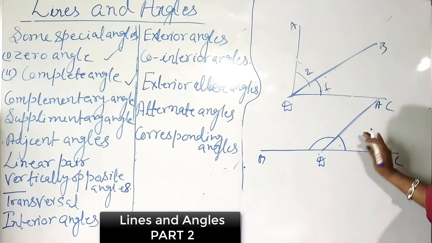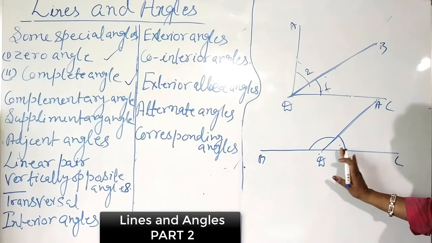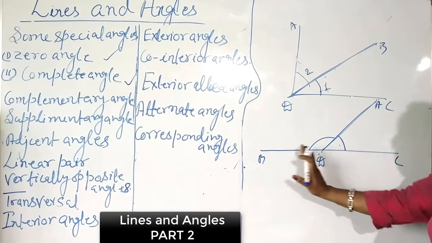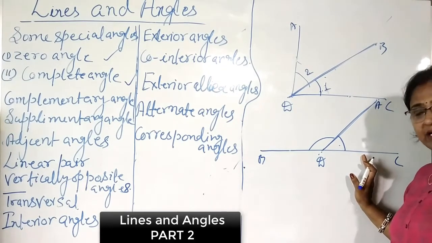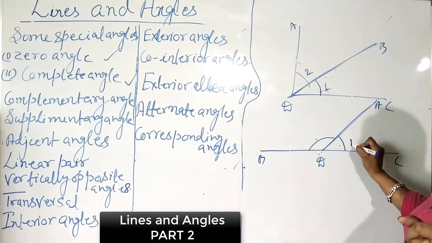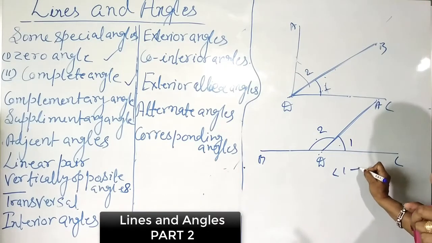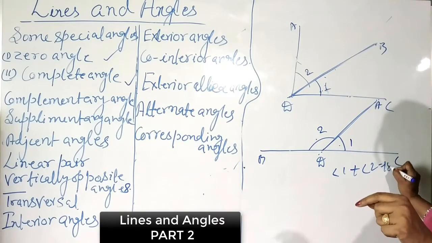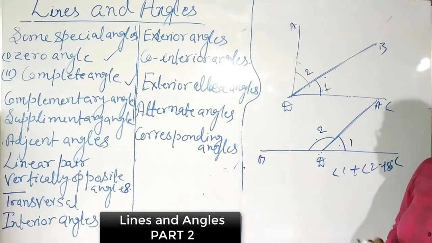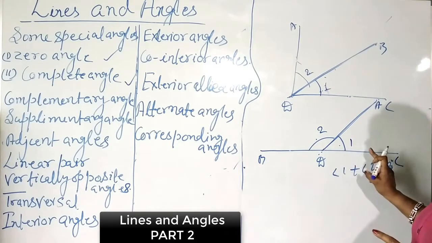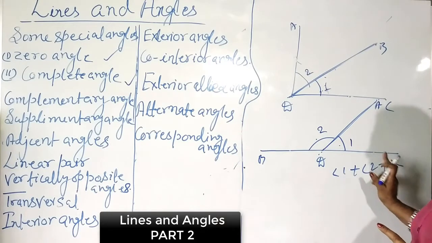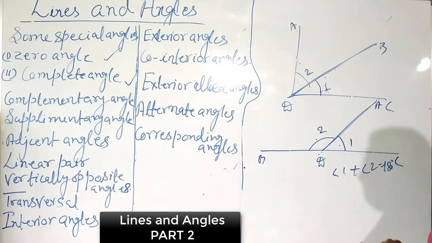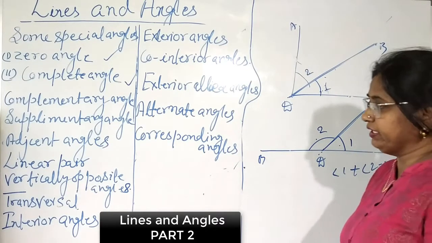AD is common in both angles and both sides are opposite to each other. But for a linear pair there is one condition: the sum of both angles, angle 1 plus angle 2, should be 180 degrees. Adjacent angles in which the sum of both angles is 180 degrees form a linear pair.